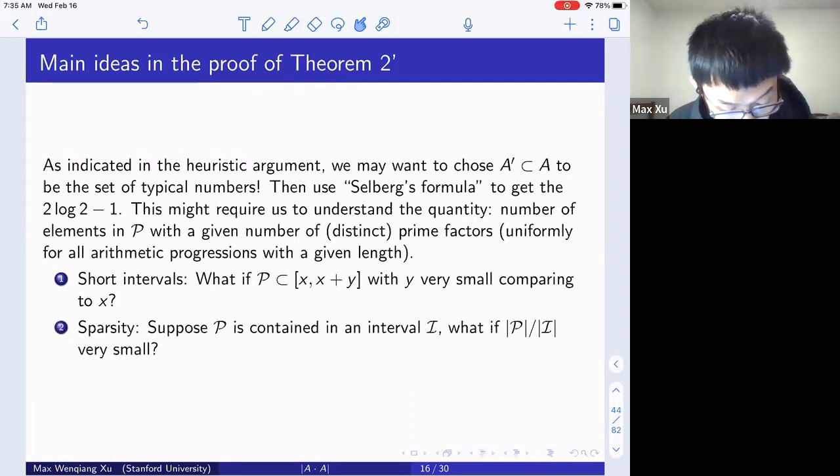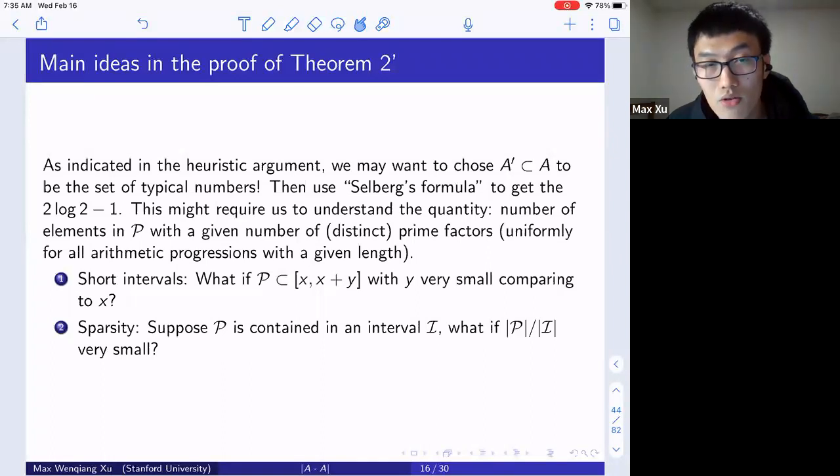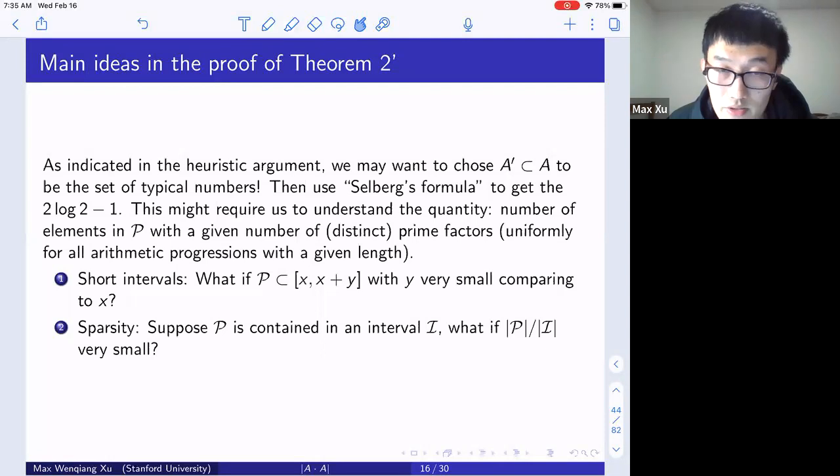Another issue is, suppose your P is not too bad. P contains some reasonable interval, not short. But what if your P is very sparse? I mean the ratio of the size of P to the size of your interval is very, very small.